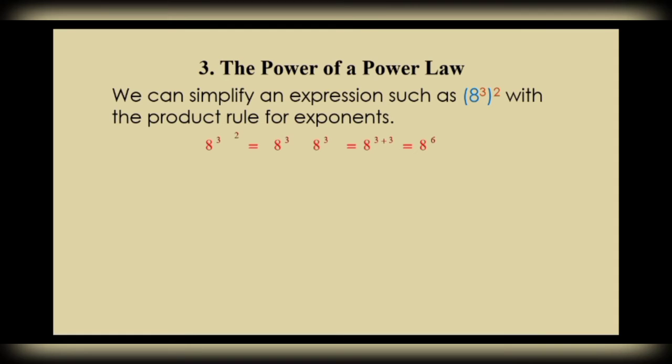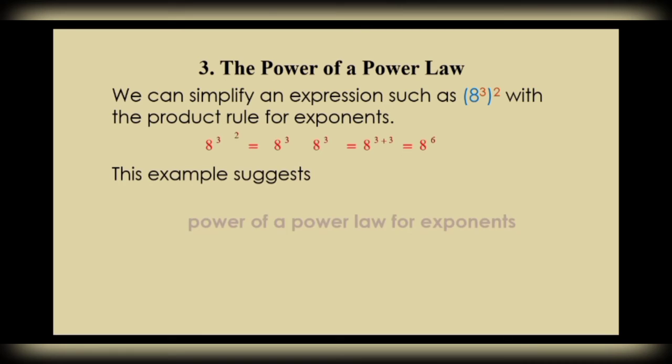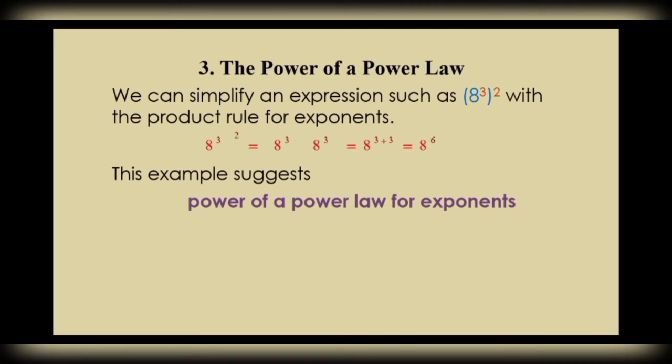So now by using the product law, we write the base 8 one time and add the exponents, 3 plus 3, 6. It is equal to 8 to the power of 6. Is it clear?